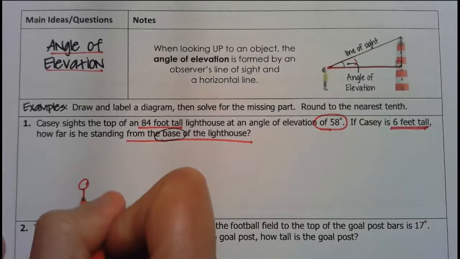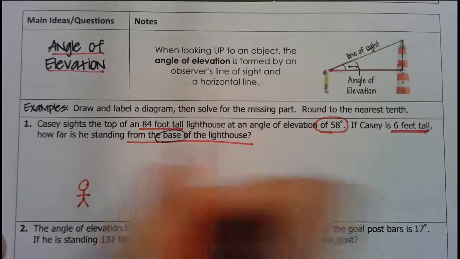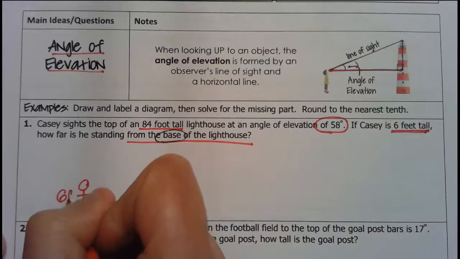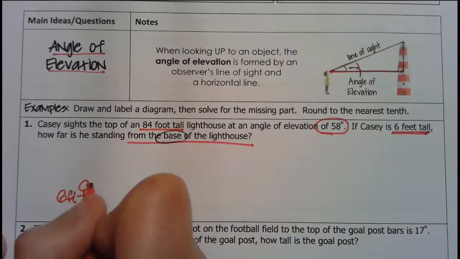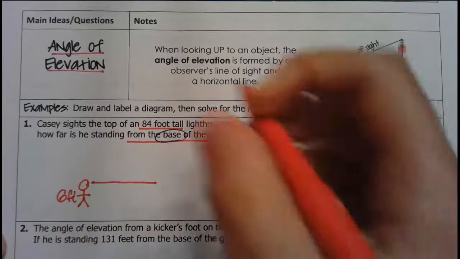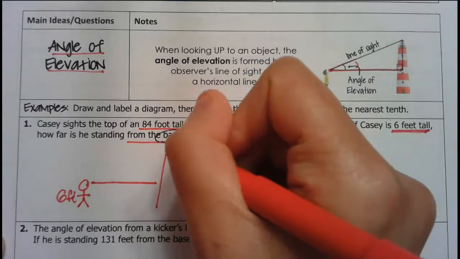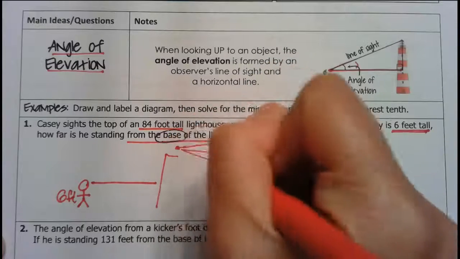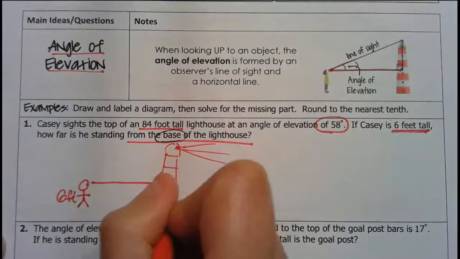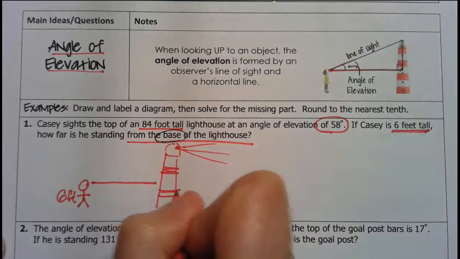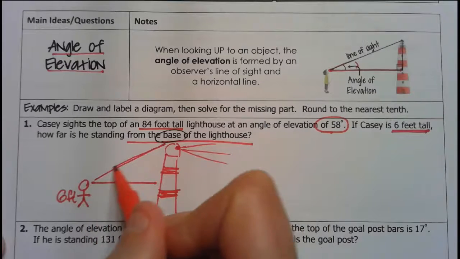We have Casey, and we know that Casey is 6 feet tall. We know that Casey is looking forward and sees a lighthouse. But he has to look up to see the top of the lighthouse.